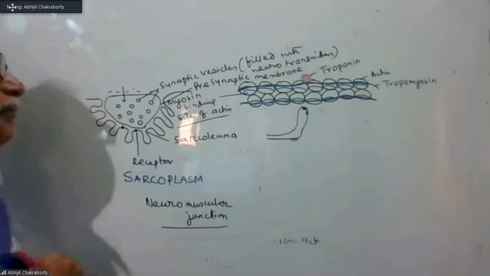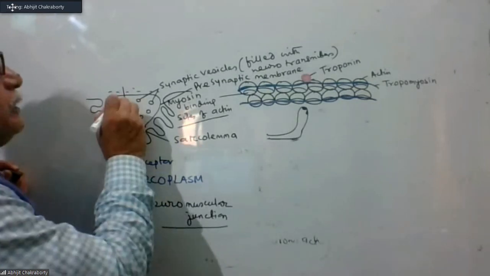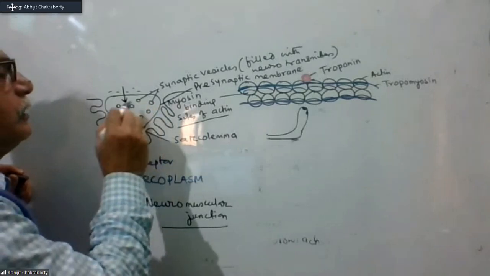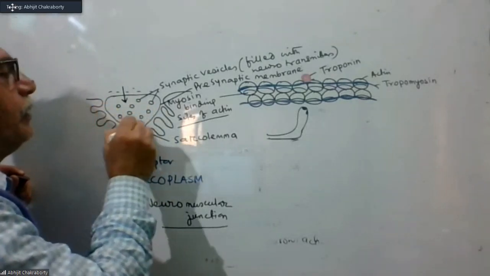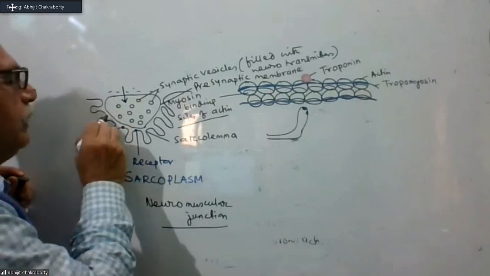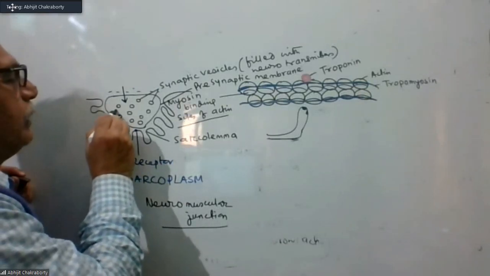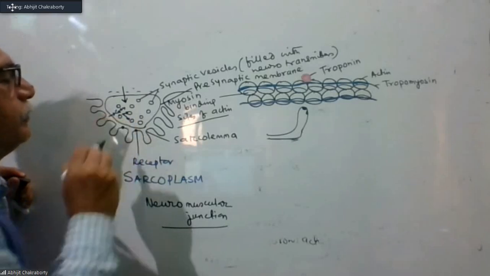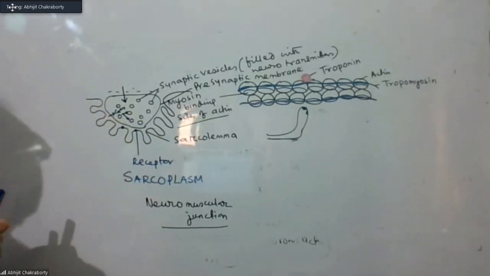But whenever the impulse comes to the end part of this nerve, it causes the change in the permeability of the presynaptic membrane, so that from the intercellular space, calcium ion enters and stimulates this vesicle. I am repeating it again.